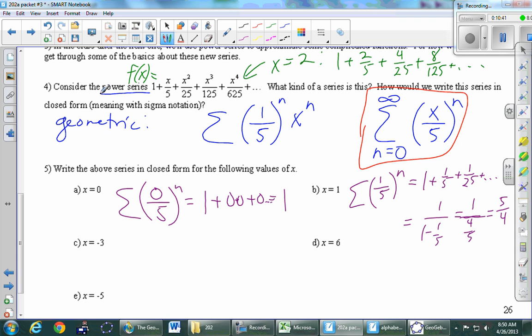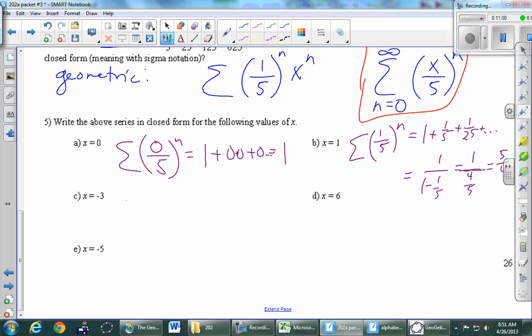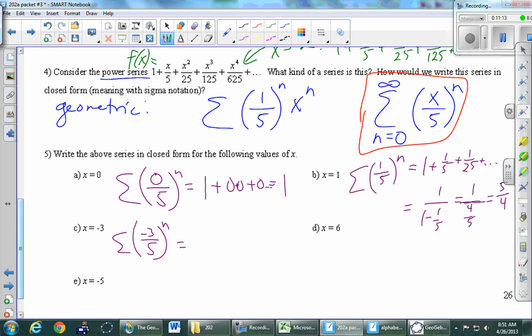You used to think that finding values of functions was easy. Plug in the x, you get your answer. It's almost immediate, right? For these functions, you have to do an entire series calculation to find the output. Let's try plugging in x equals -3. So this would be the summation of, again going back to that red one, -3 over 5 to the n. Let's replace the x with -3.